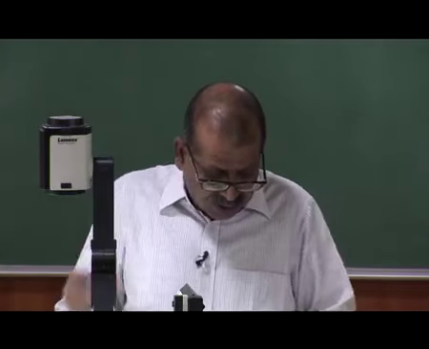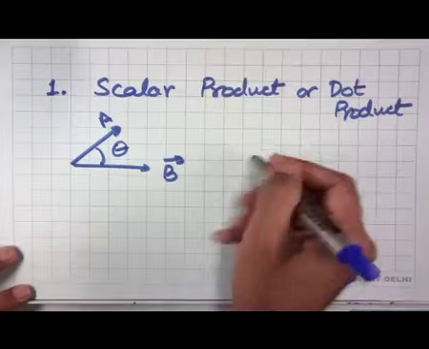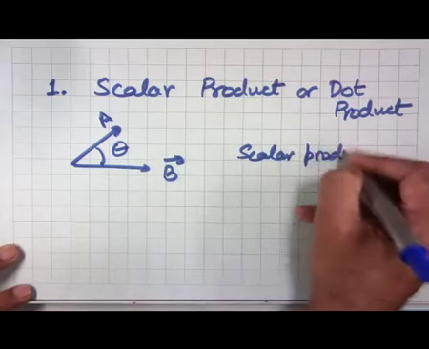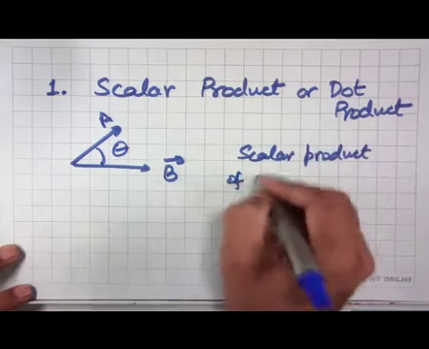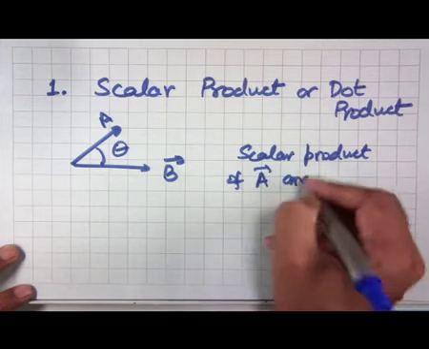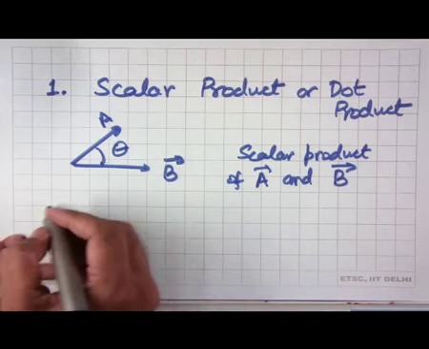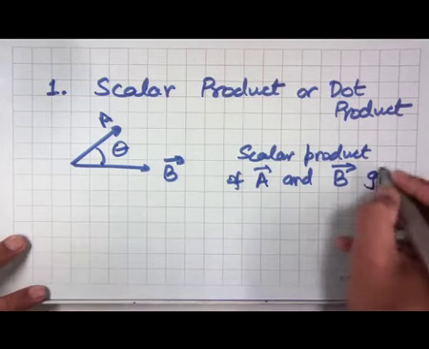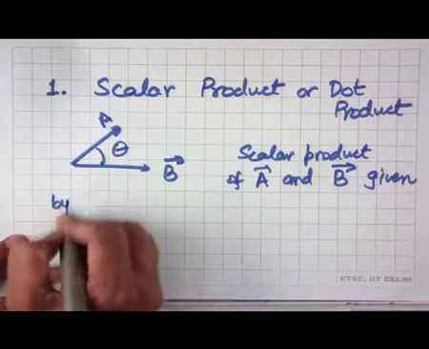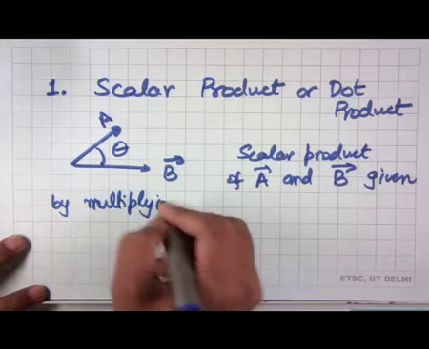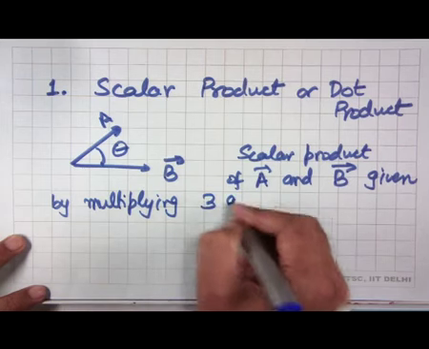So, we look at this now. The scalar product of vector A and vector B is given by multiplying three quantities.